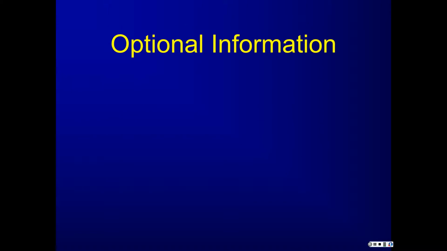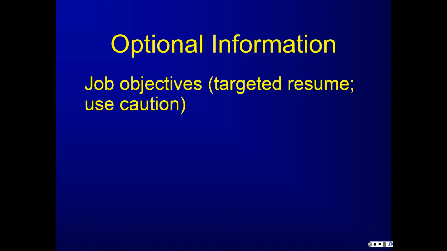Now there's also optional information, and this is information that can go onto your resume. Job objectives have to be there if you're writing a targeted resume. Please, I would recommend that you not put a job objective on a chronological or a functional resume, just because they have so gone out of favor.